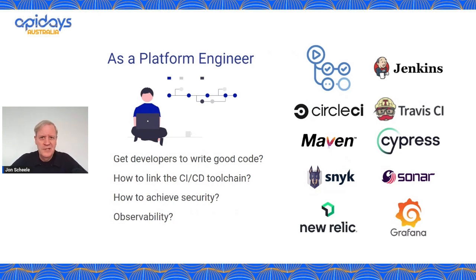And as a platform engineer, you're responsible for keeping systems up and running and making sure that what the developers produce can be deployed into production safely and securely. And so it's in your interest to encourage developers to write good code. And you want to be able to observe that code.